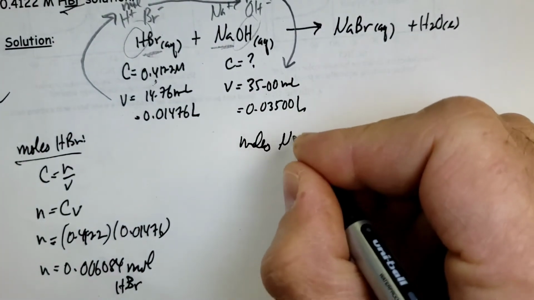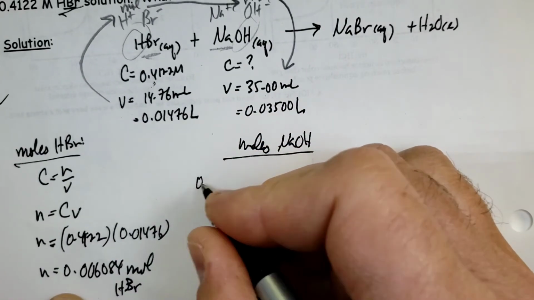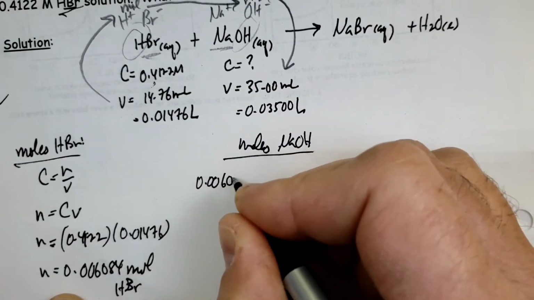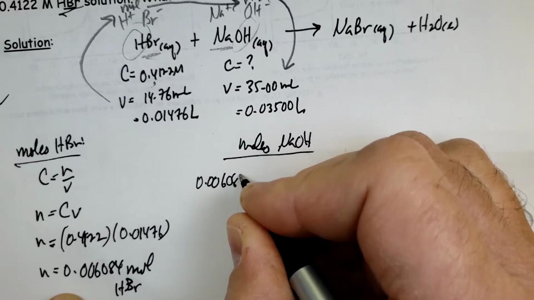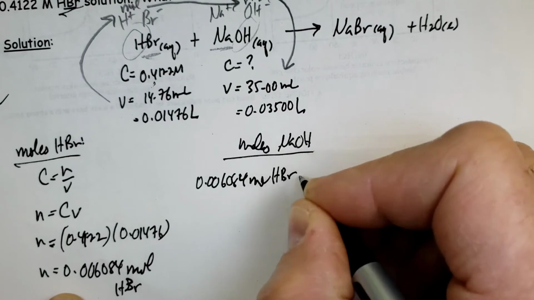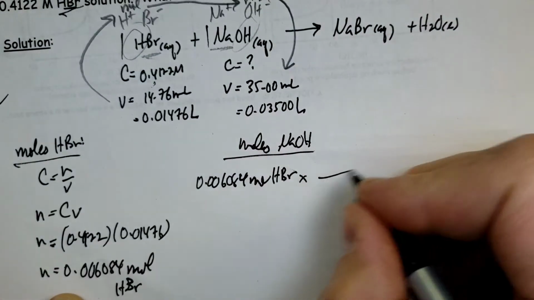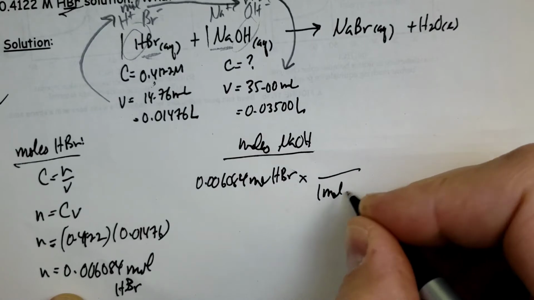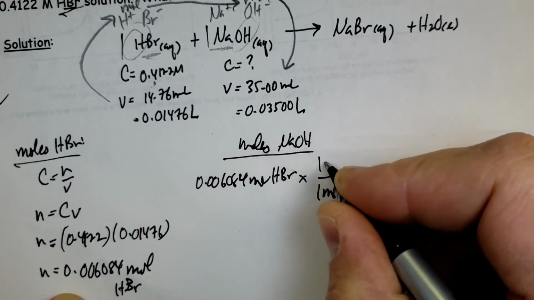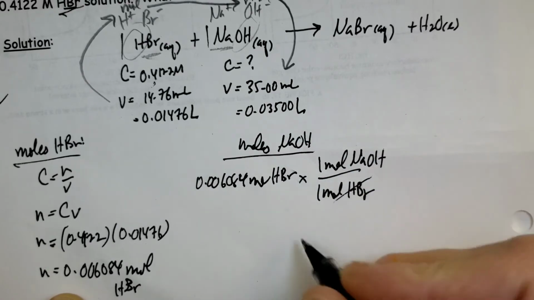So moles of NaOH, and of course this is a nice 1-to-1 question again, so it's going to be relatively easy. Moles HBr, and according to this, one needs one. 1 mole of HBr needs 1 mole of NaOH.